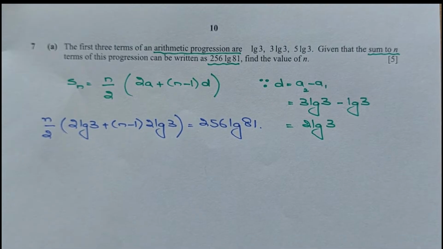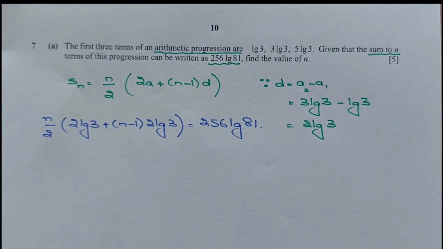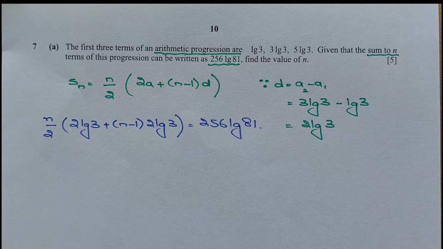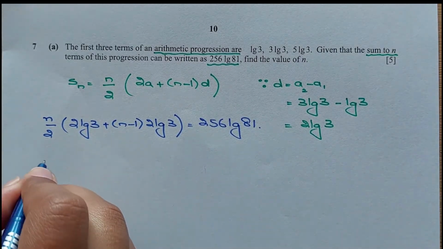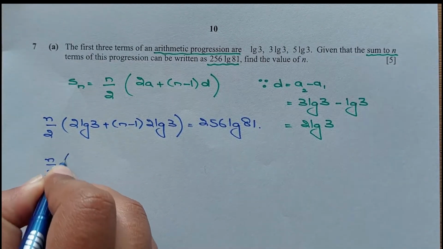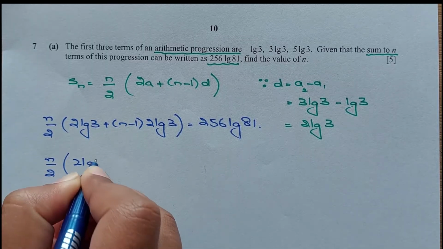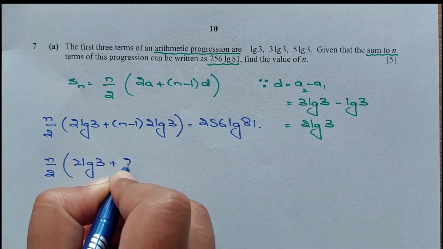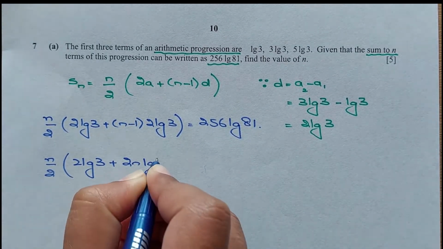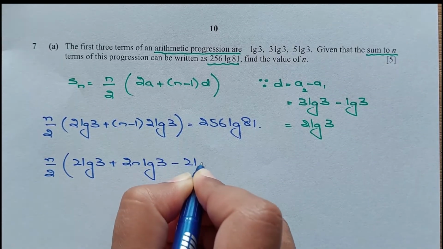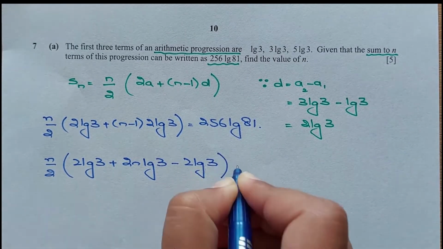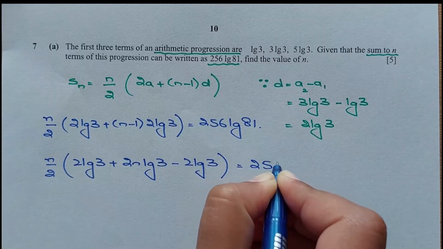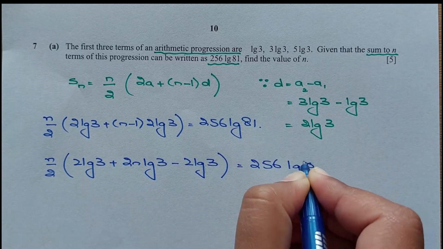Now we need to solve the value for n. So let me open this bracket first. So n by 2, 2 log 3 plus 2n log 3 minus 2 log 3 equals 256 log 81.